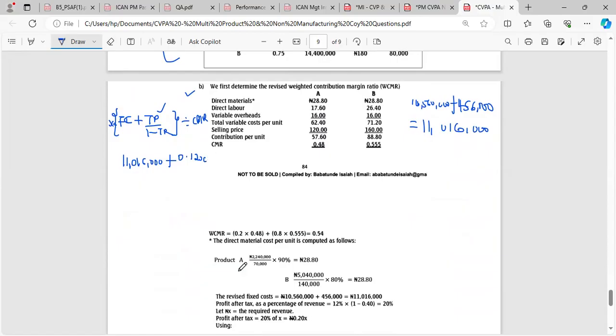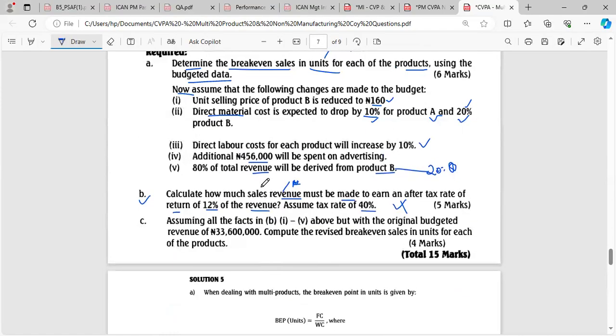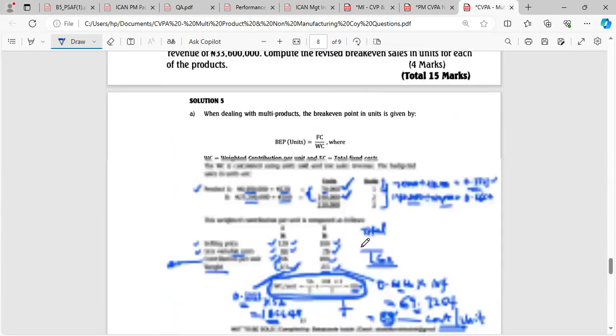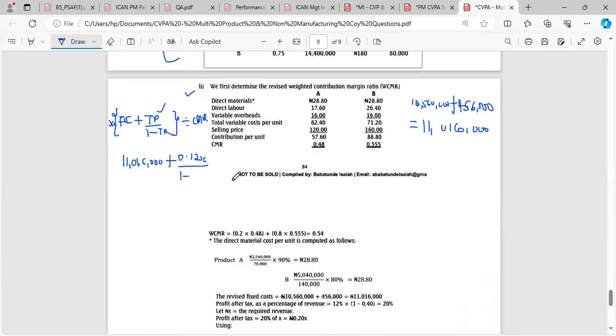0.12 divided by 1 minus tax rate. Our tax rate is, I think, 40%. So 40% is 0.40, I mean 0.4.